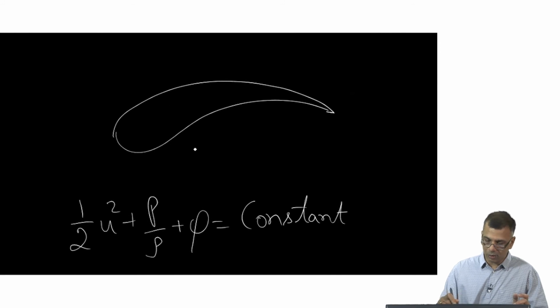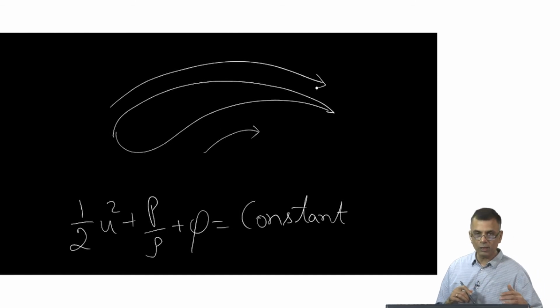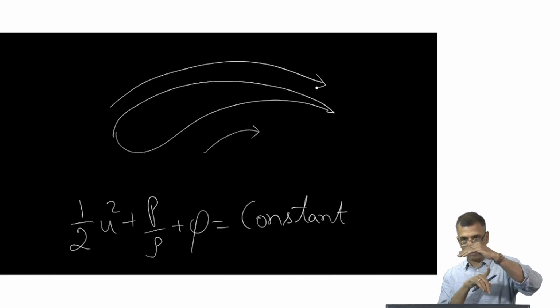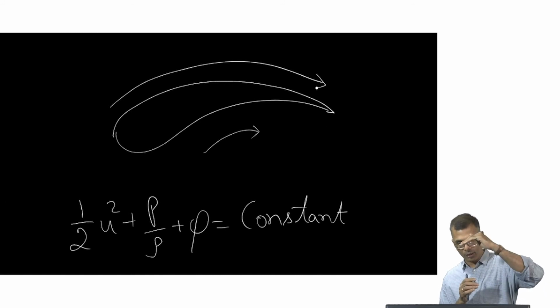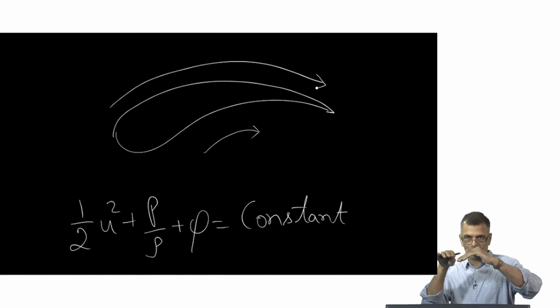So the u here, I will draw with a smaller arrow, and the u here, I'll draw with a larger arrow. You can intuitively think of it like the palm of your hand, and fluid flowing like this. You can intuitively understand that the curvature, the cusp, is such that it slows down fluid at the bottom as opposed to the top.